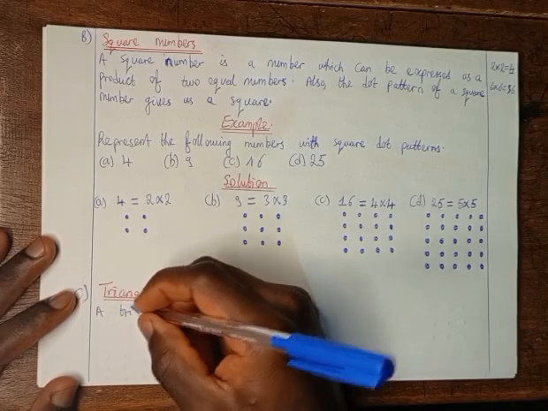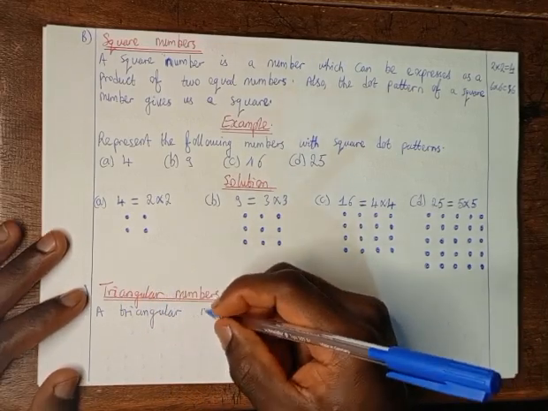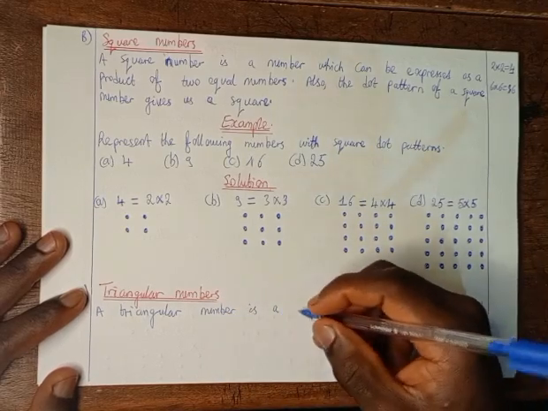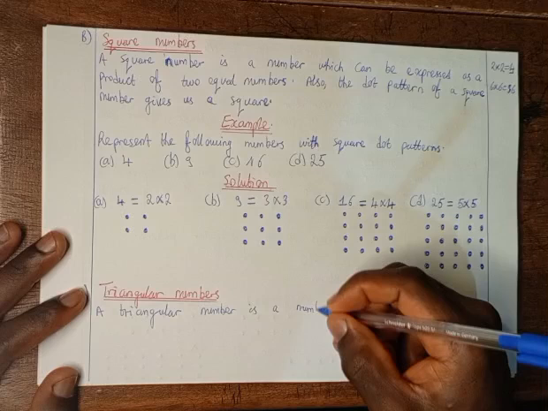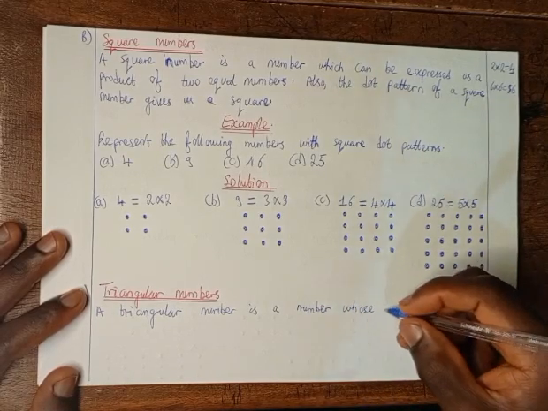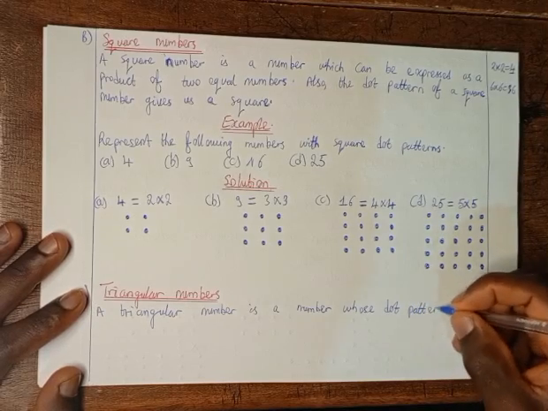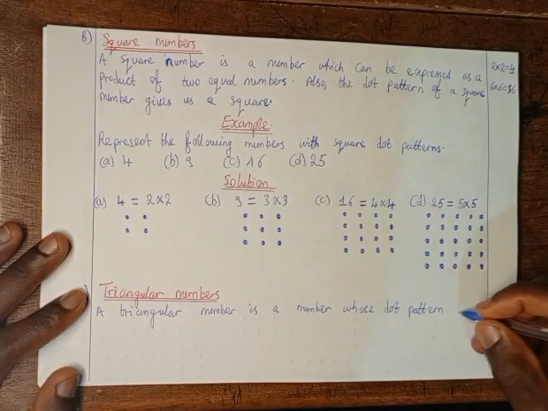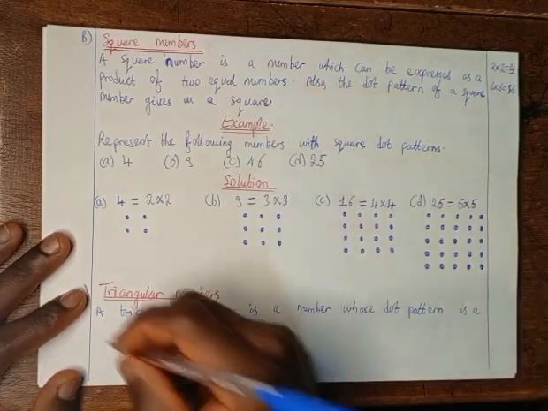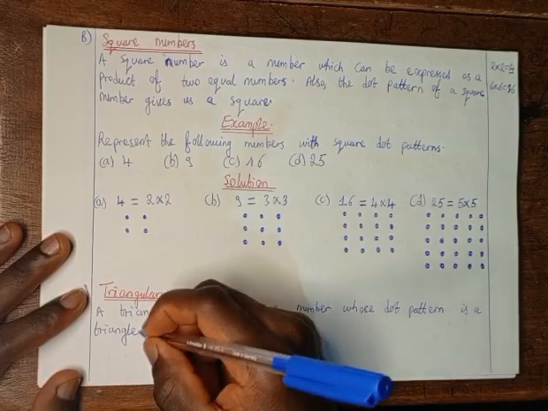A triangular number is a number whose dot pattern is a triangle.